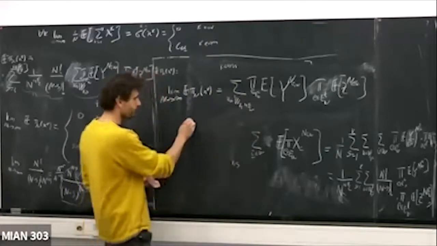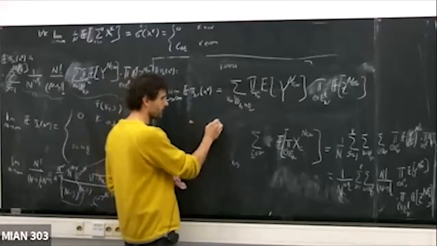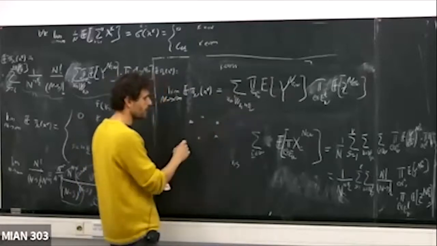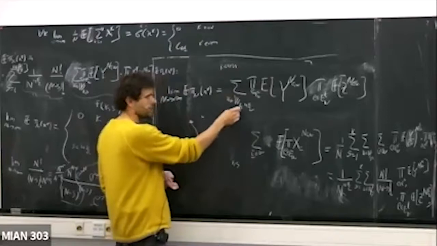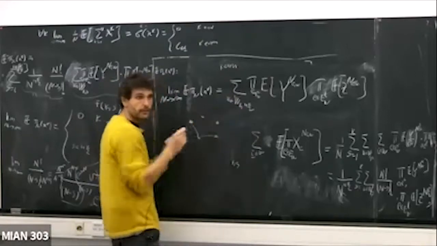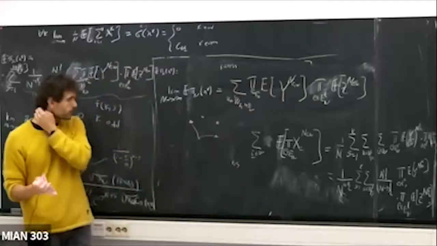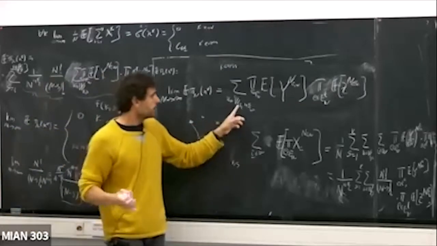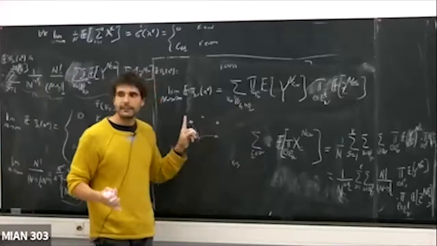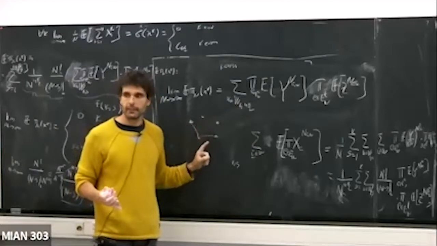Then the graph, where the vertices are these 1 plus k over 2 symbols, and there is an edge if the names are adjacent in the word, is a tree. It doesn't have any loop.